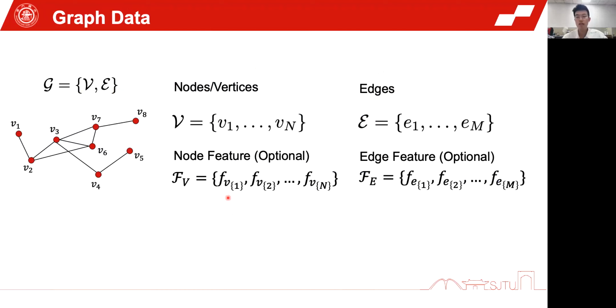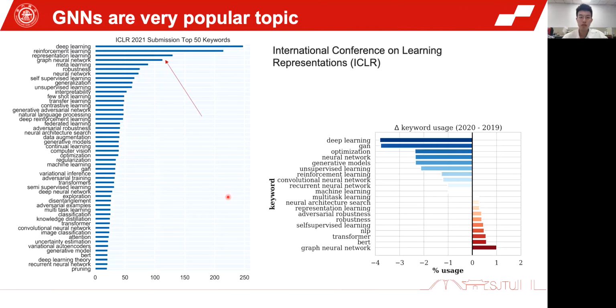Although machine learning has a lot of successful applications, there are some existing problems on how to use machine learning in the graph field. Graph neural networks are proposed to fix these problems. And generally, there are a lot of hot research topics and applications.